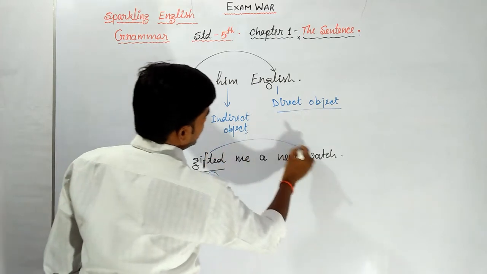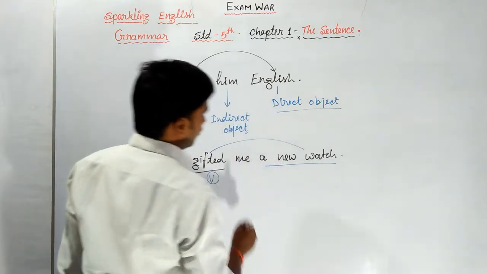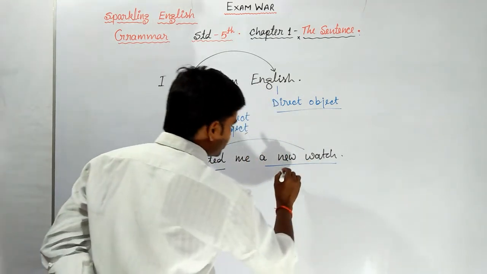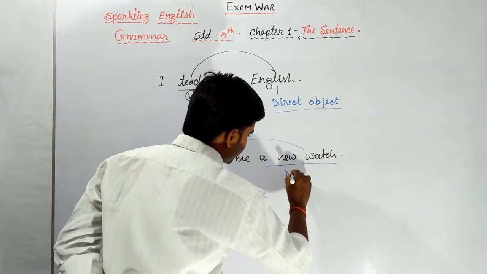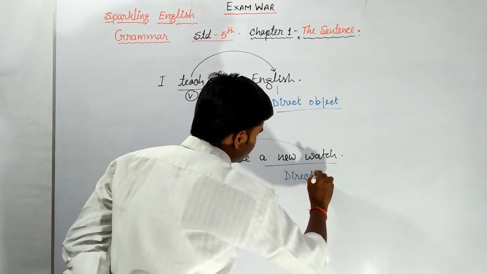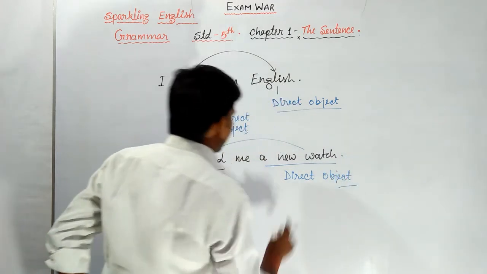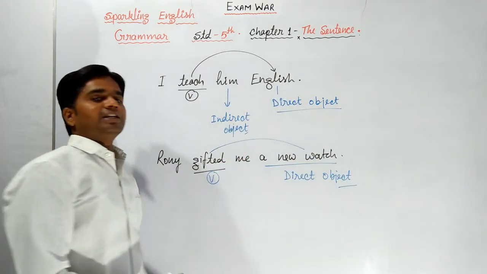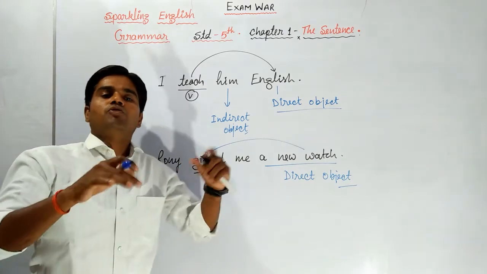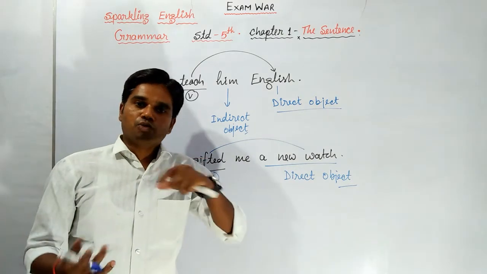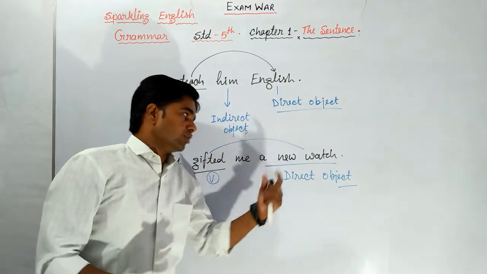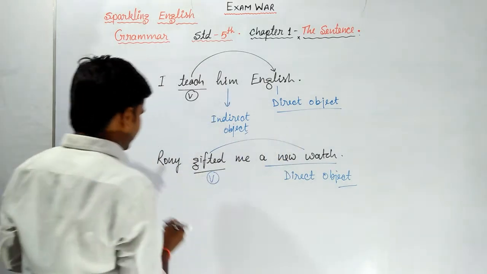Ronnie gifted a new watch. That's why a new watch is direct object, as this one is getting the direct effect of gifted.